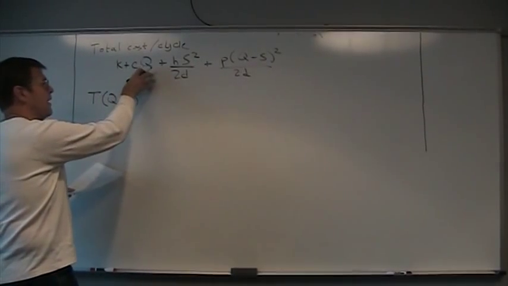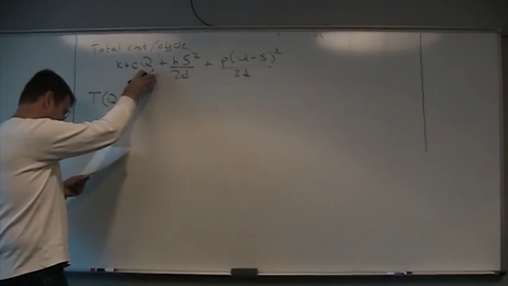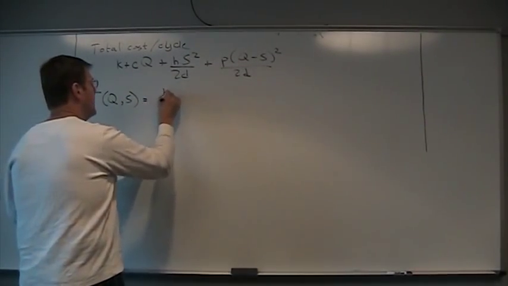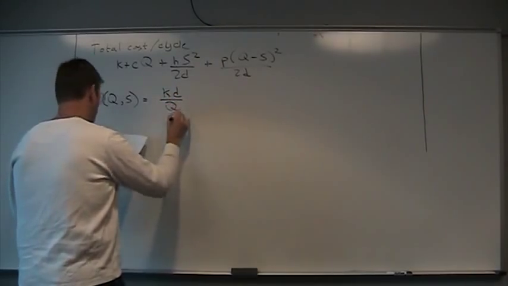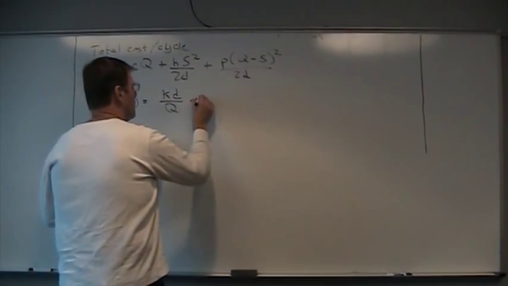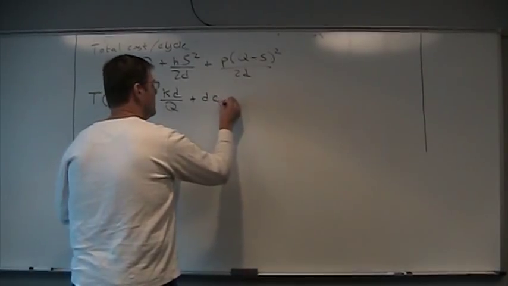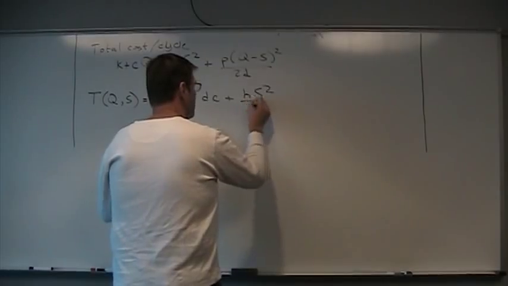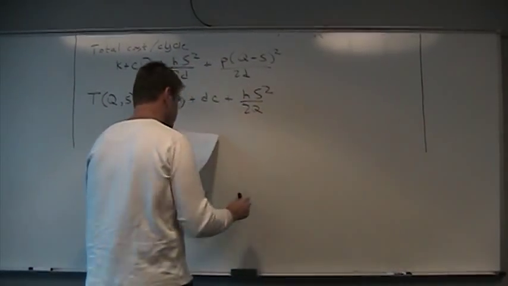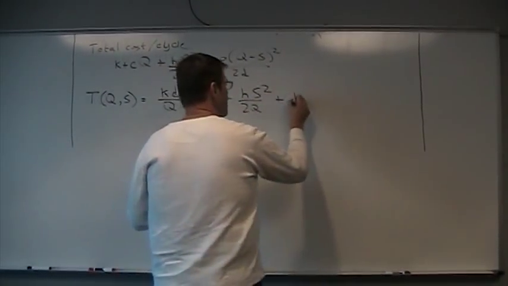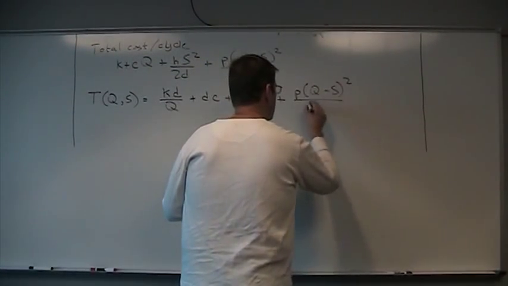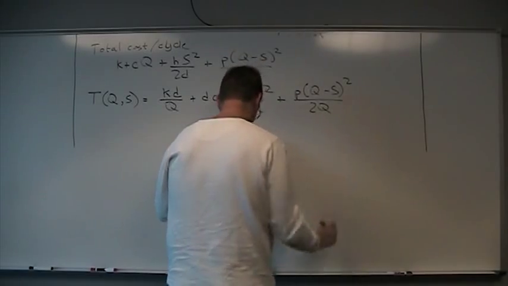So we're getting this by dividing by Q over D. And if we do that, we get this to work out to be K times D divided by Q plus D times C plus H times S squared divided by 2Q plus P times (Q minus S) squared divided by 2Q.